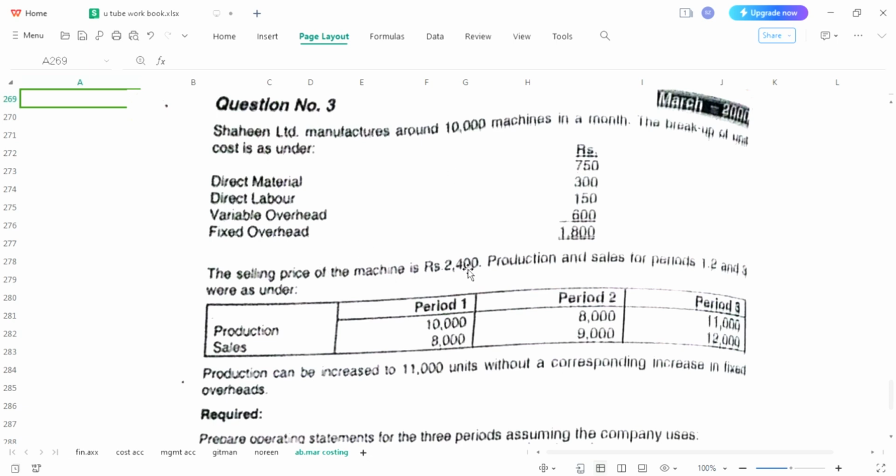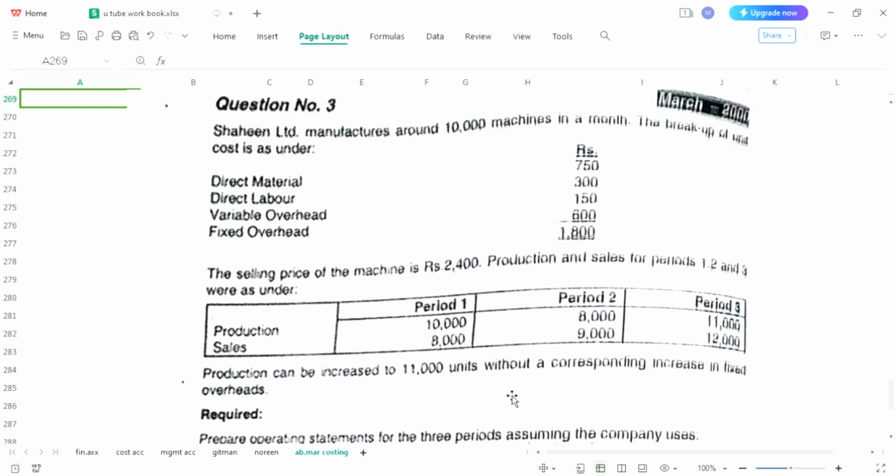Selling price is also given. Sales 1 to 3 and production 1 to 3 is given. Production can be increased to 11,000 units without a corresponding increase in fixed cost. That means fixed will remain fixed. It doesn't matter whether you are producing 10,000, 8,000 or 11,000, your cost would be fixed.